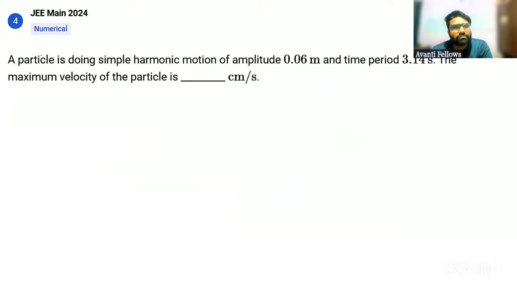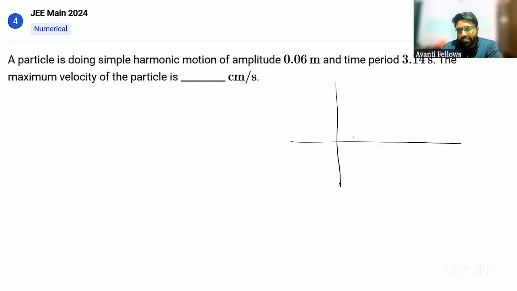Now this question. A particle is doing simple harmonic motion of amplitude 0.06 meter. What is the amplitude? If a particle is doing SHM like this, the maximum separation or maximum distance from the mean position is the amplitude.